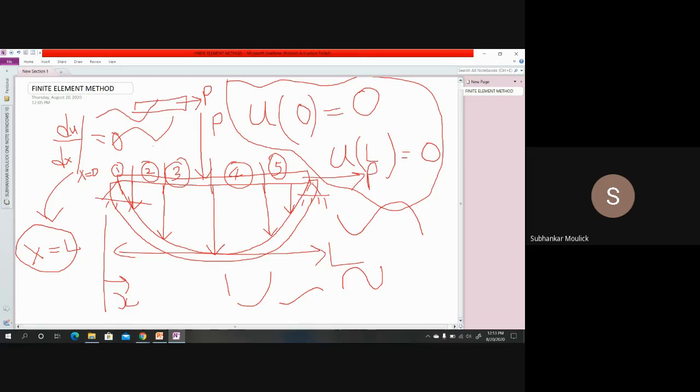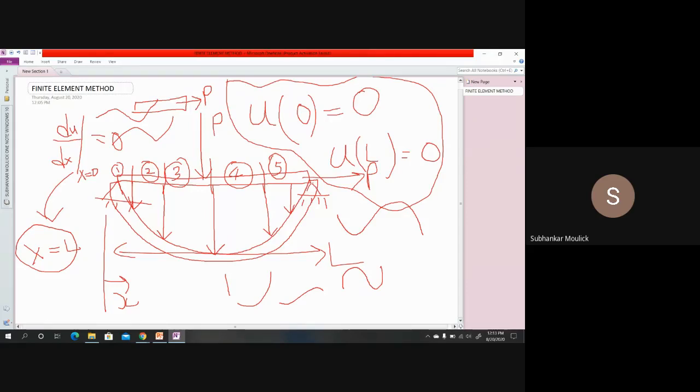So likewise, you can guess what the nature of the trial function will be if it is not given to you. For my problem, I can say that yes, the trial function will be some sinusoidal function, some cosine function. It can be a into sine pi x by L, where a is a constant.